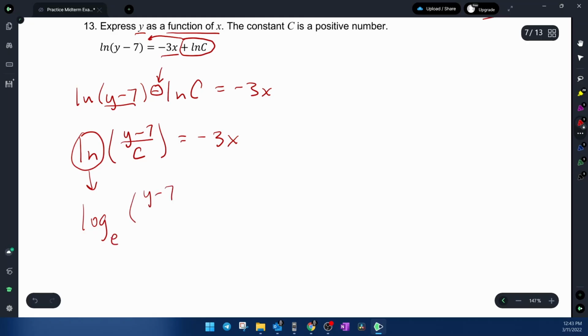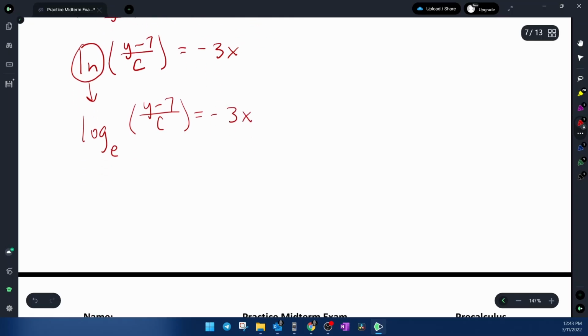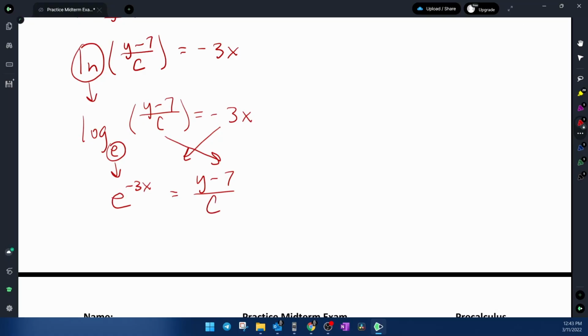And why did I do that? Because now it's time to convert to an exponential. We're going to bring the base down, switch the other two around, and notice that that gets the y out of the logarithm. And now with a couple more steps, I can isolate the y.